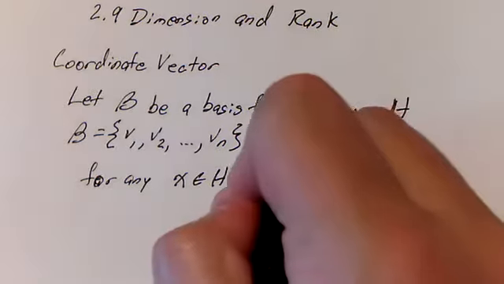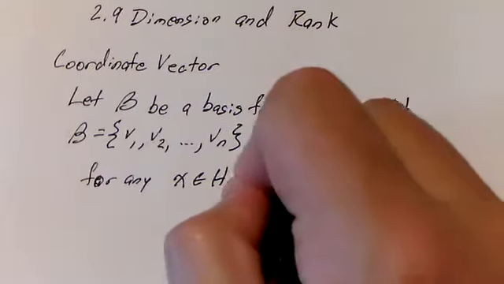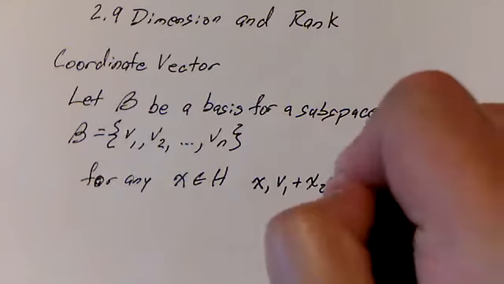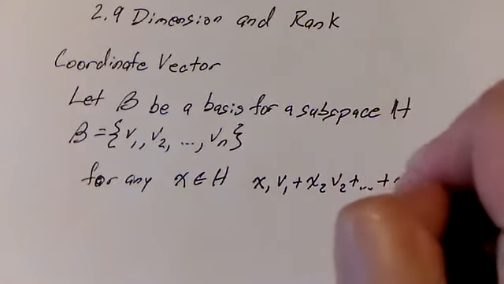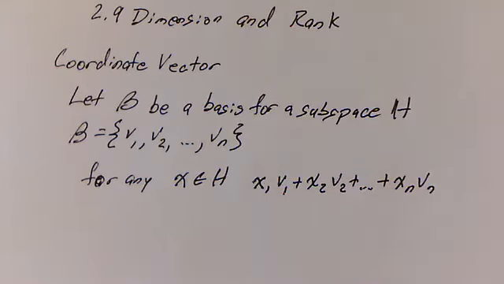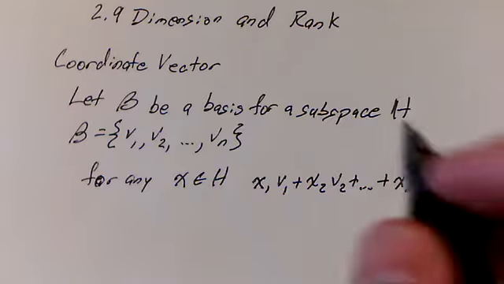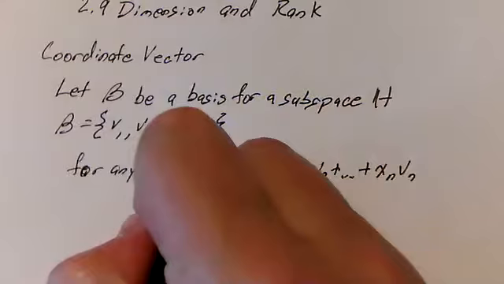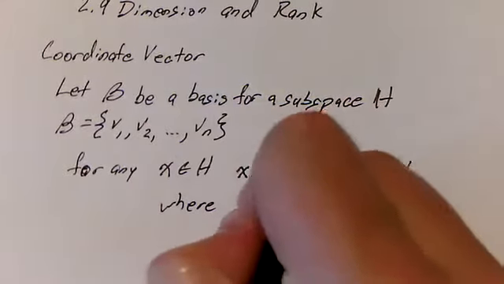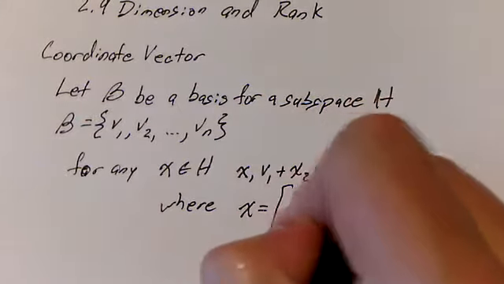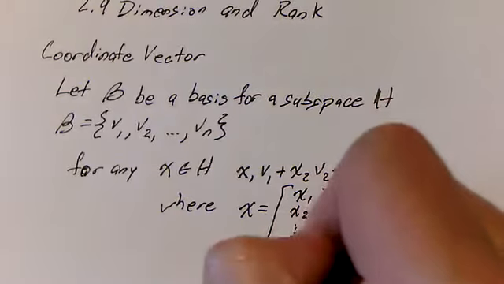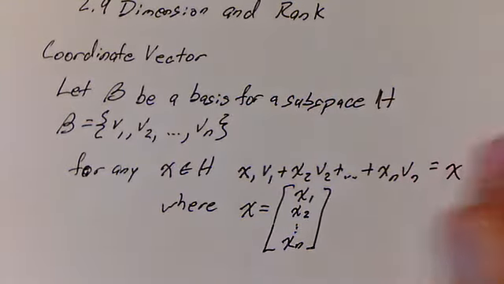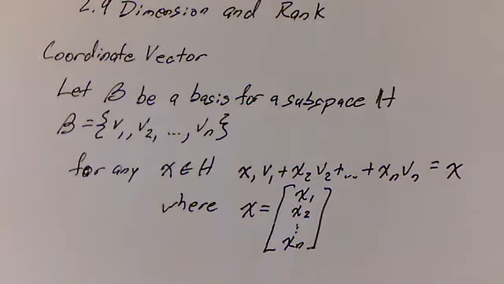So for any x in H, there is a vector equation: x1 v1 plus x2 v2, all the way out to xn vn, where x is equal to these weights, x1 through xn. We can set this equal to any vector in H, like I said, equal to x. So it works for any vector in H.